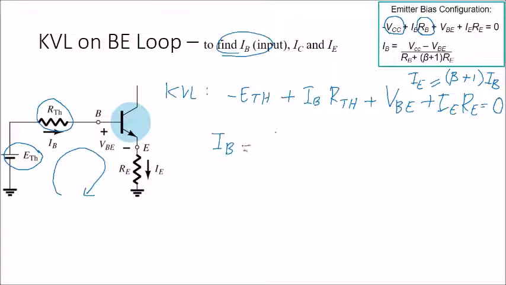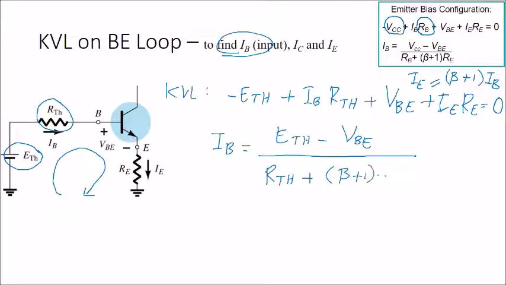you will find that the value of IB is equal to ETH, not VCC, minus 0.7, or VBE, over RTH plus beta plus 1 times RE.